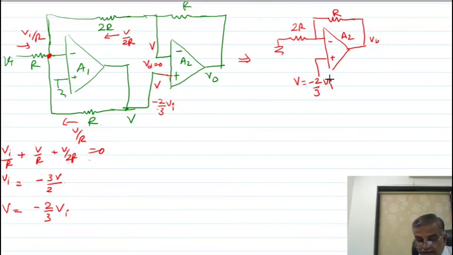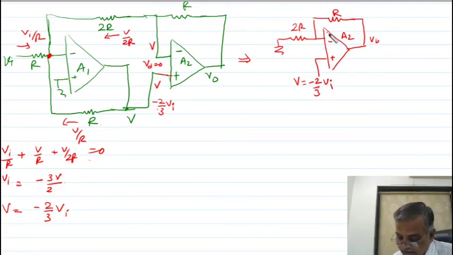Why did I show it like this? See, this potential and this potential are approximately the same. So this 2R I have shown connected to ground for A2. This is now a non-inverting amplifier. This voltage we have already calculated, so I have written it here.